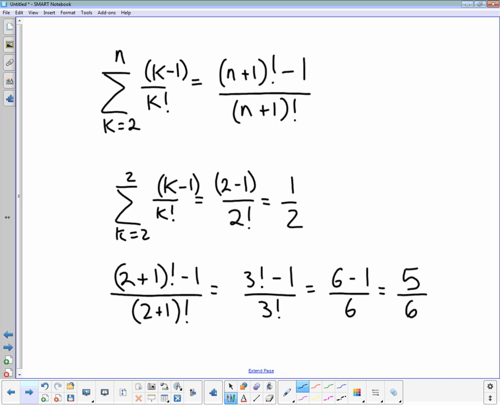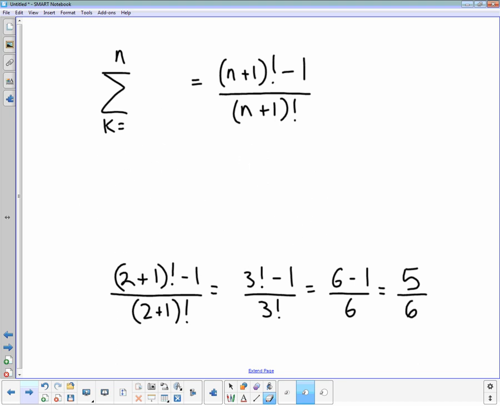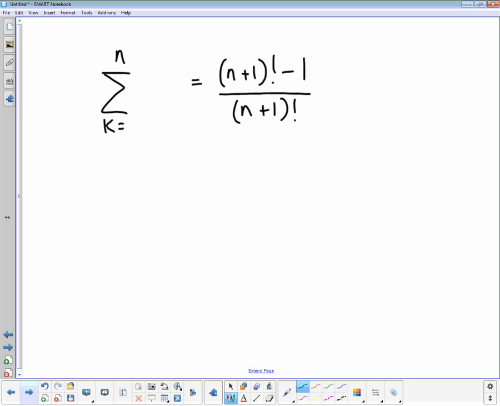We have to rewrite this term in order for it to be 1, because that's actually for 2. This would be k all over k plus 1 factorial. That's how we have to write it, because k has to start at 1 because it says it's true for all positive integers.